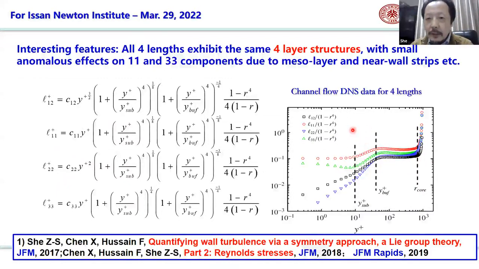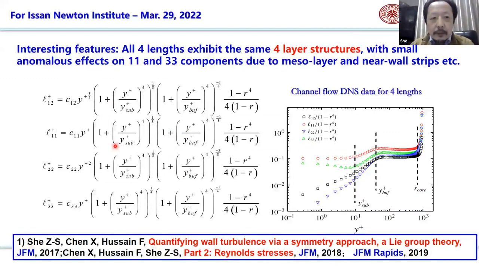Here on the right is the channel flow DNS data. It shows the four separate scalings, and this transition function, which goes from one scaling region to another, comes from a generalized Lie group invariance assumption.